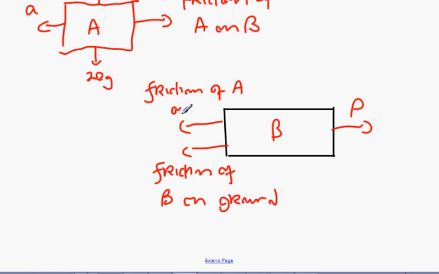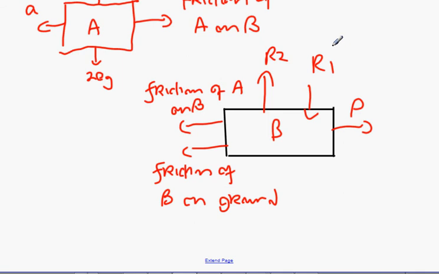Friction of A on B, then R2 going upwards because of the force from the ground, and R1 going downwards.